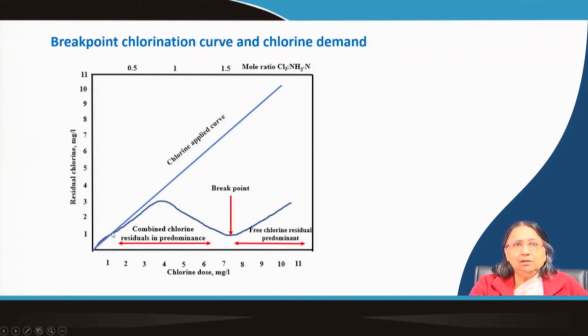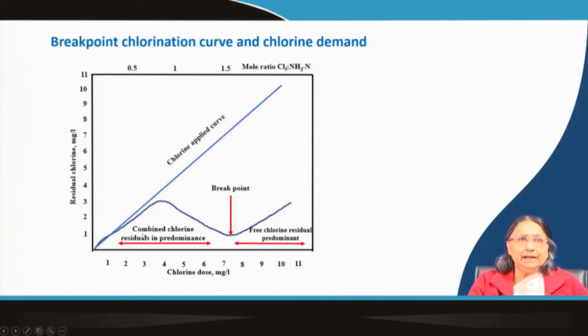Now, if it is distilled water, there is no demand, so whatever chlorine we apply will remain as residual chlorine, and we get this type of curve. This is the chlorine applied curve for distilled water. But if it is a normal sample water, then there is ammonia; basically ammonia is present unless it is some typical wastewater.